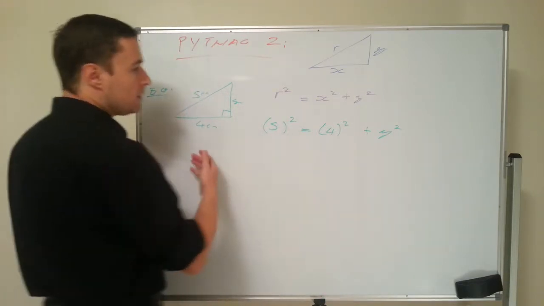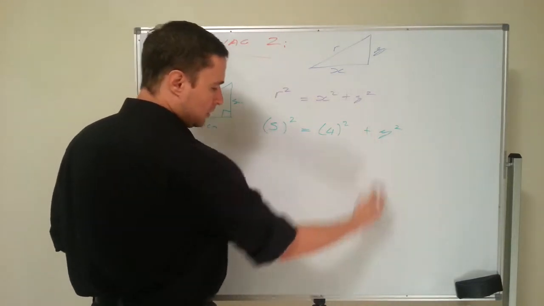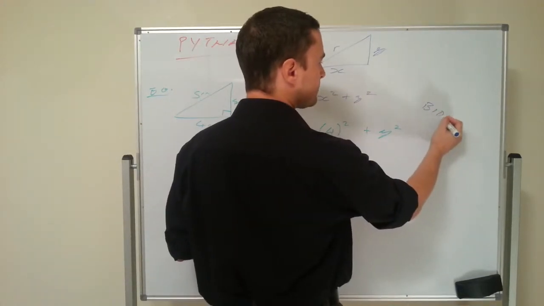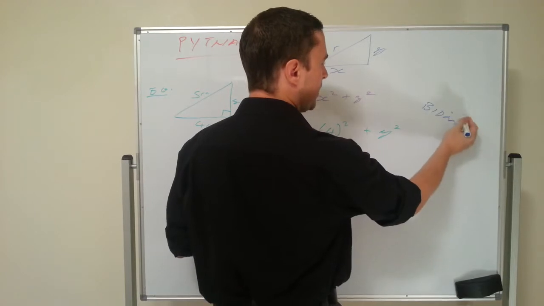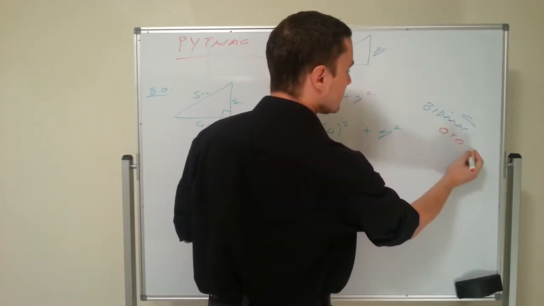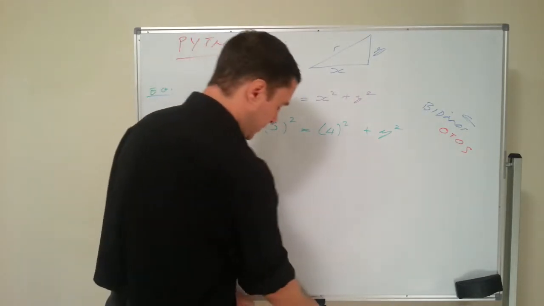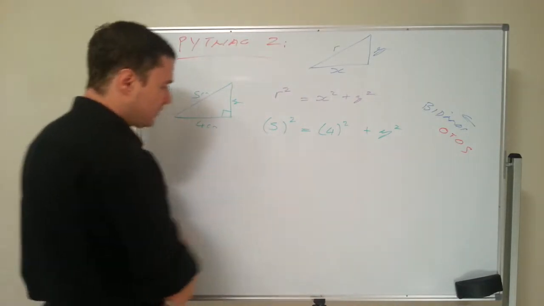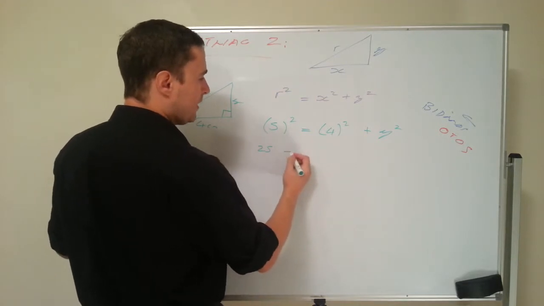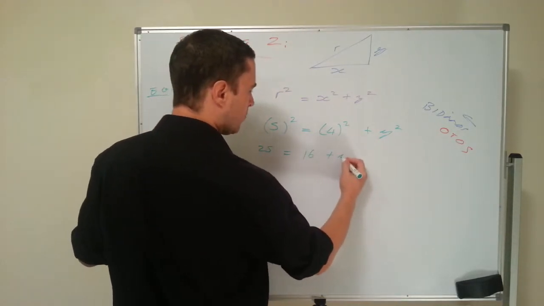Now this is an equation with one unknown, so I'm going to use BIDMAS backwards, doing the opposite to the other side to work out this equation. Firstly, let's tidy up those squares. 5 squared is 25, equals 4 squared, which is 16, plus y squared.